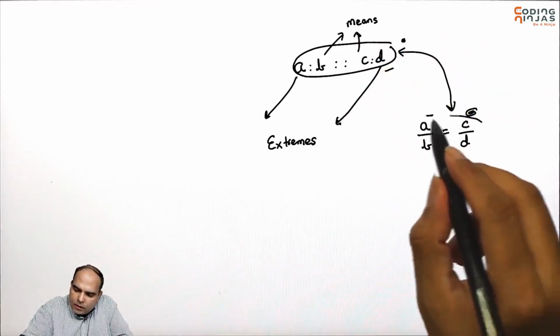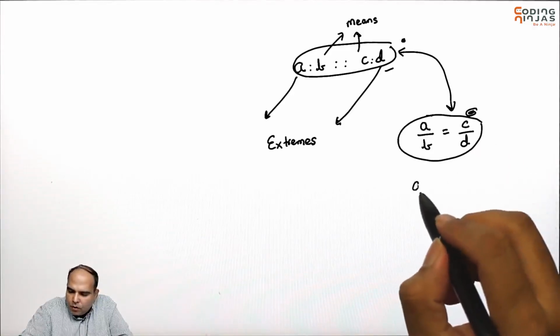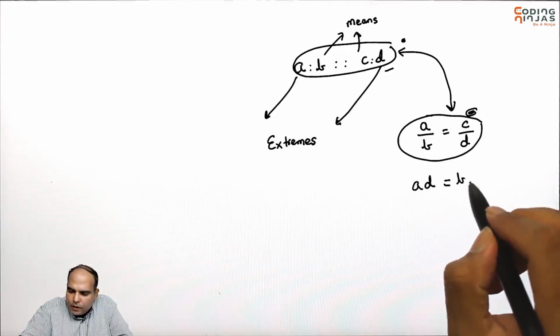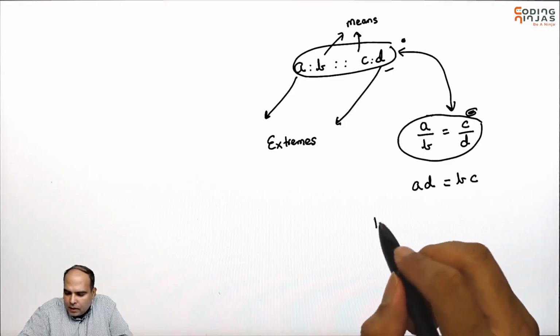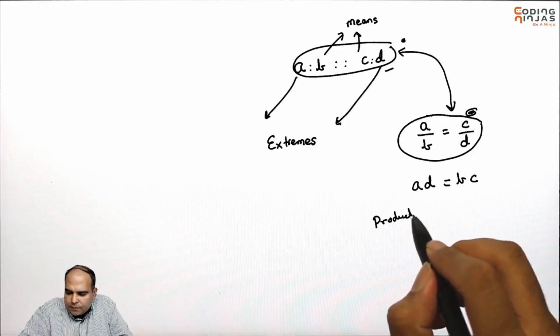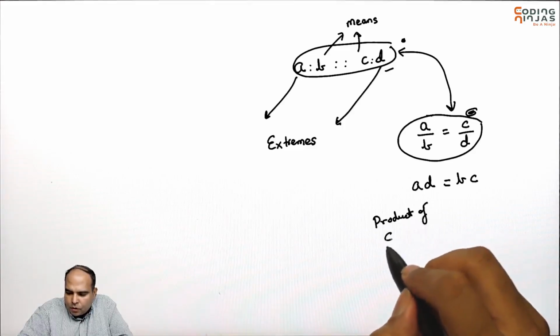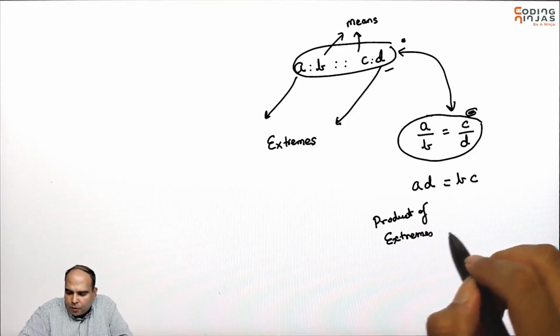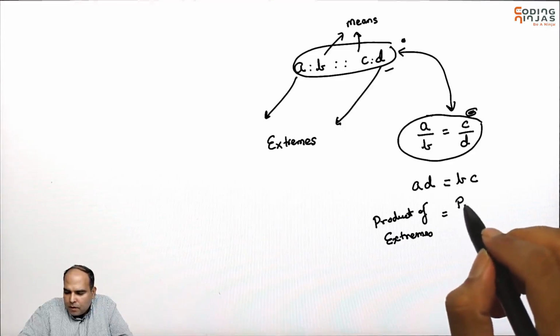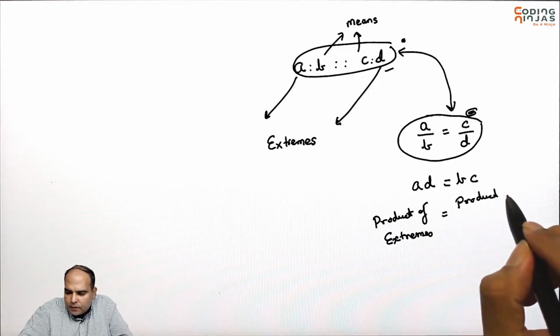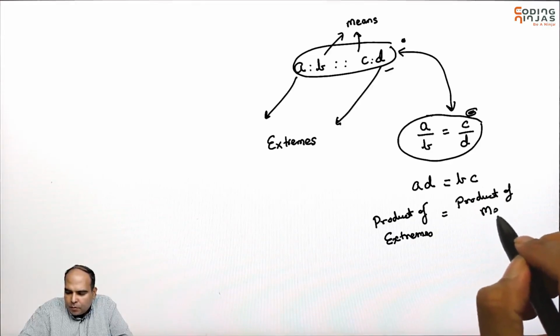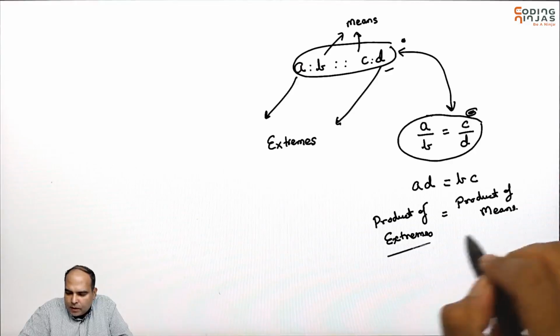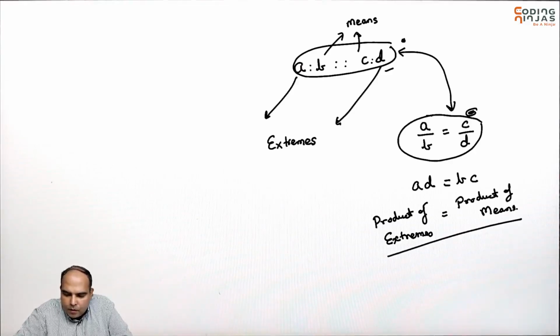And based on this, we know that A into D is equal to B into C, which basically says that in any proportion, the product of extremes is the same as the product of the means. So this is what you mean by a proportion.